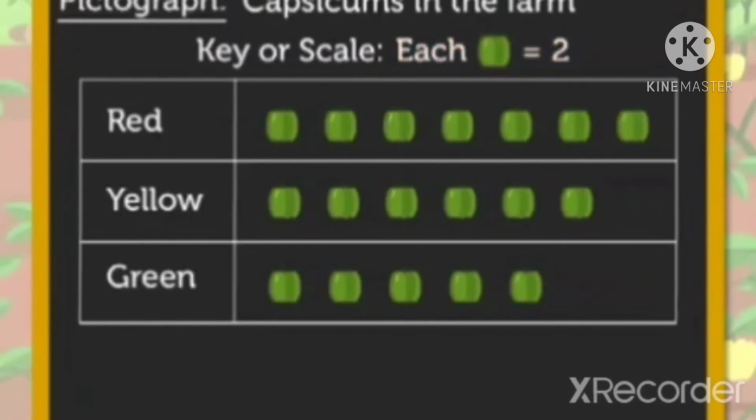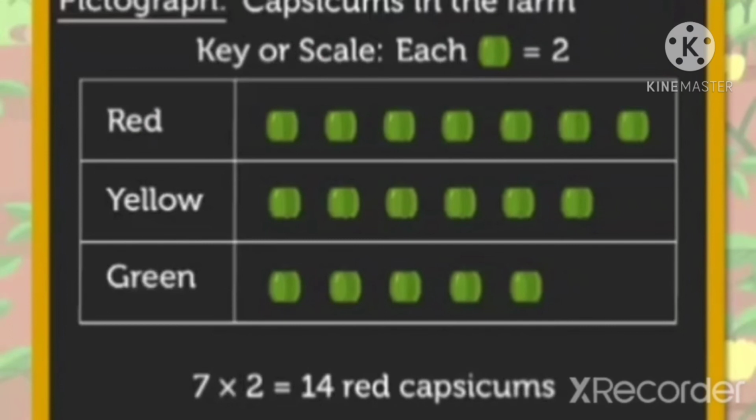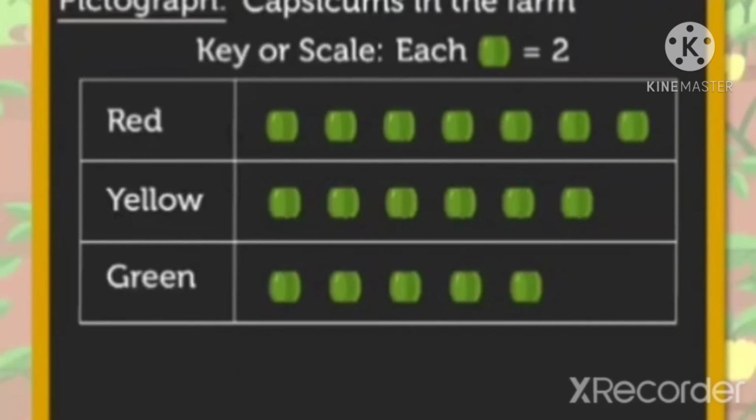So, let us count the number of capsicums in the farm. There are 7 red capsicums. That means 7 multiplied by 2 is equal to 14 red capsicums. Accordingly, we can find out the yellow and green capsicums.